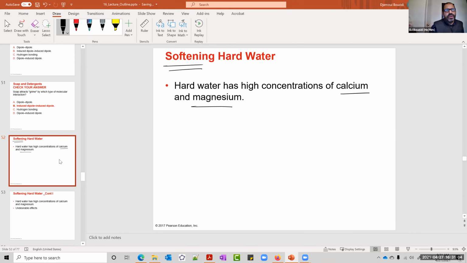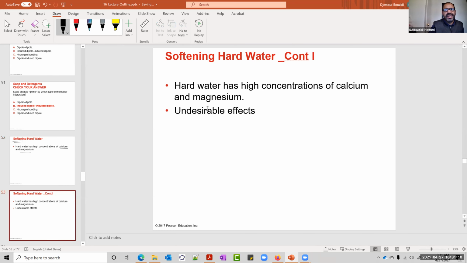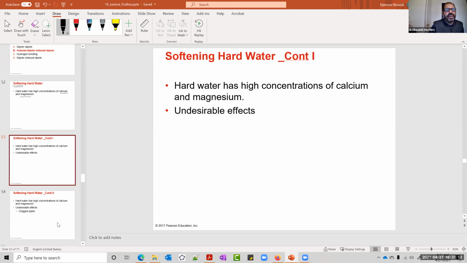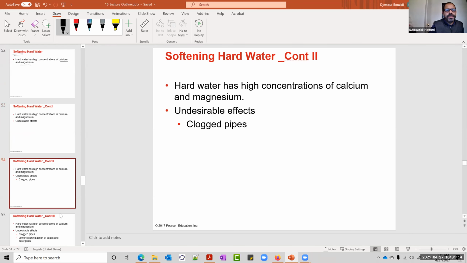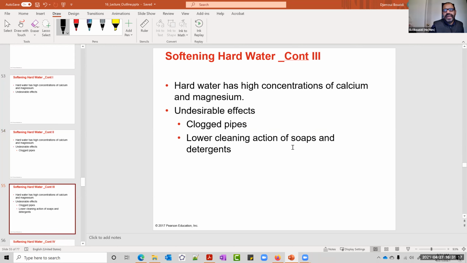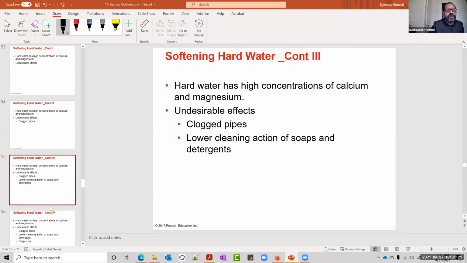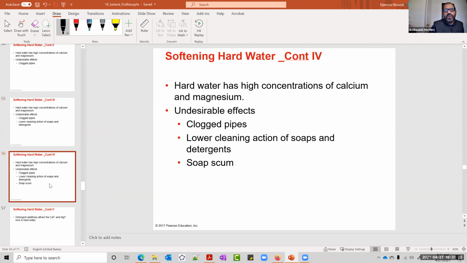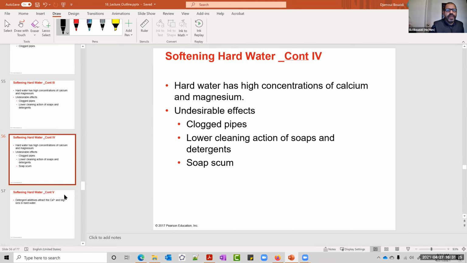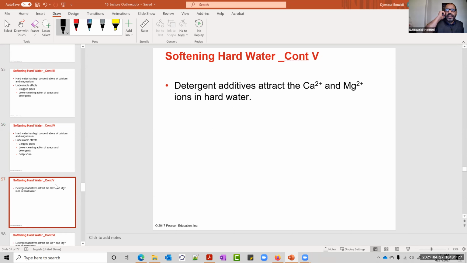If you do that, the water is softened so that it can flow and the pipes can be cleared again. So this is an undesirable effect. You don't want that. It clogs the pipes and lowers the cleaning action of soaps and detergents. That is basically the problem with it. And then it forms soap scum. So what you need in this case is detergents to remove these ions from it, okay?